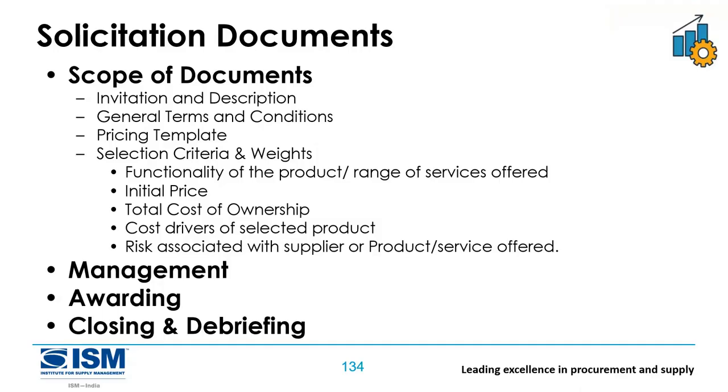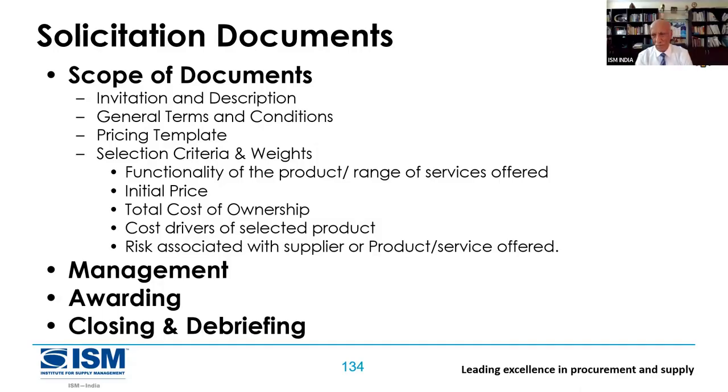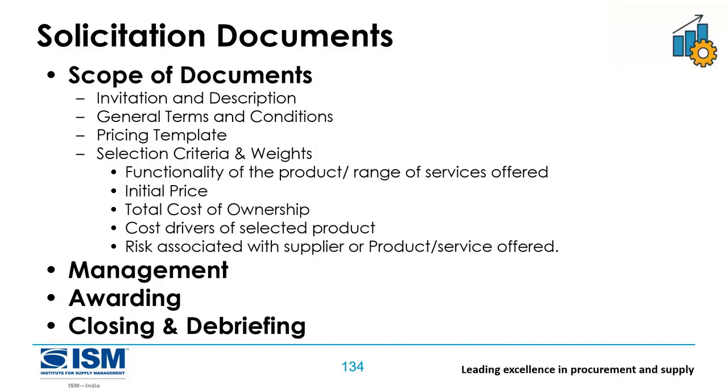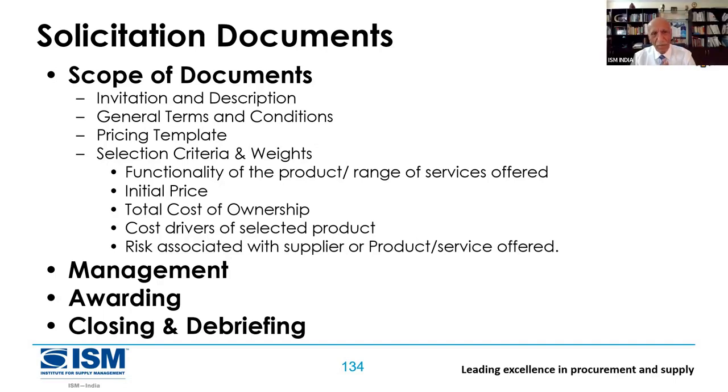So you need to have the scope documents. What does it cover, if I got a solicitation document? We have the general terms and conditions of GE. Okay, but not the template for this one. I was saying there are two things. One is the terms and conditions, a boilerplate which goes to everybody: terms and conditions for goods, terms and conditions for services.